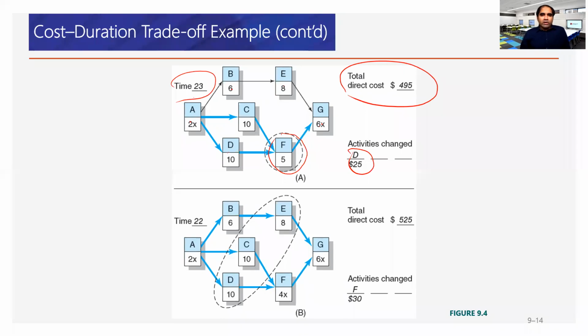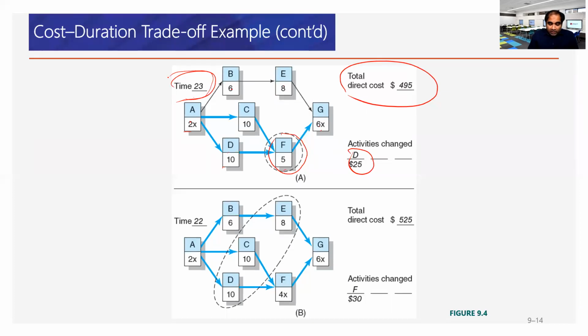So we have 6, 8, 16, 6, 22. We now have here 12, 5, 17, 23. In this chain, we have 2, 10, 12, 17. So the minimum duration is 23 days here.